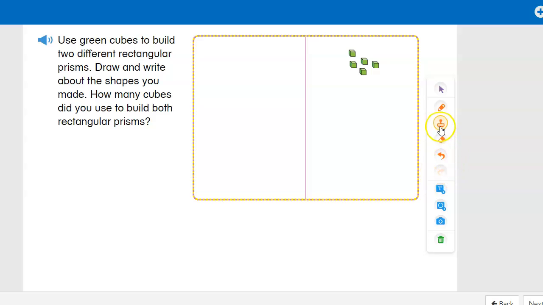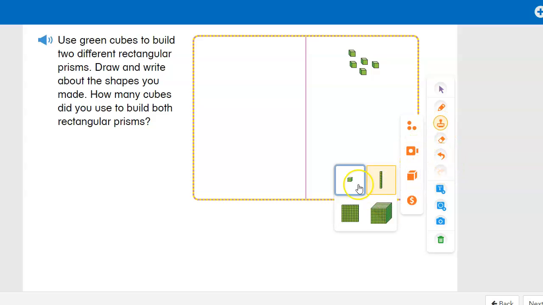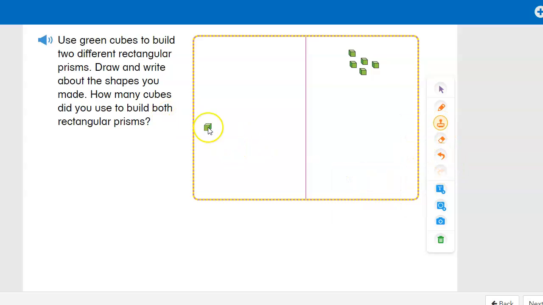So I'll be using these cubes. When I look at this one cube, I know a cube has 6 faces. We're just going to stack them right on top of each other.